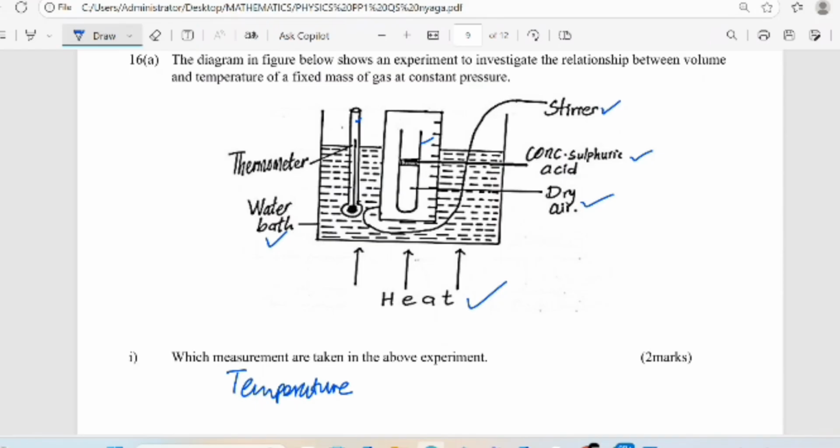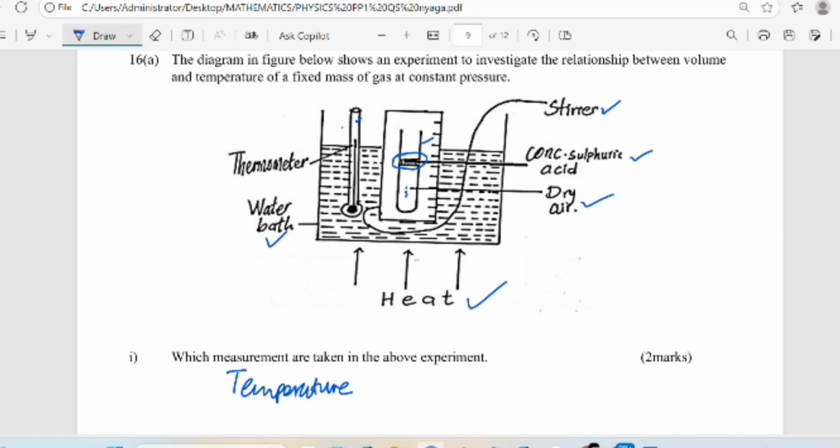Then number 2, what is supposed to be measured? If you look at this concentrated sulfuric acid, it is just giving a trapped dry air here.